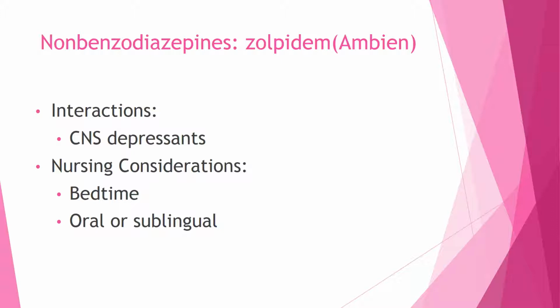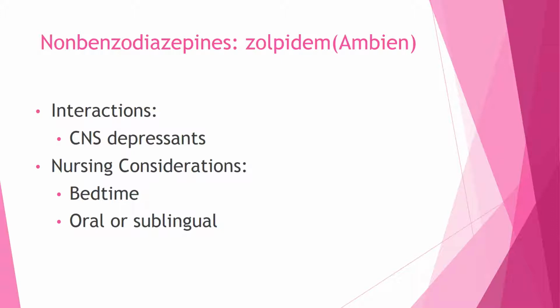Nursing considerations, give it at bedtime. If you're giving anything for sleep at bedtime, you need to consider the onset of action, because if something's not going to onset within 30 minutes, do you want to give it at 7 o'clock in the evening? No, we want to give that closer to 9 o'clock.